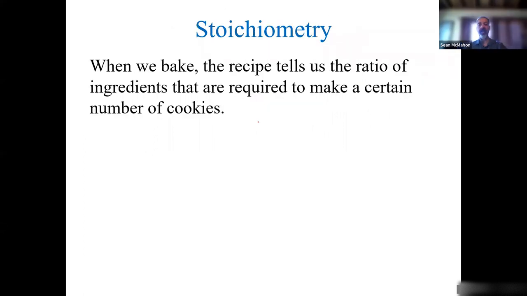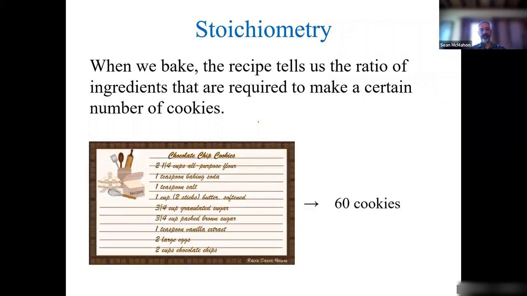So why are we calculating molar masses and mole ratios? Well, the reason why we balance chemical equations is that the coefficients in balanced equations are actually mole ratios. A chemical reaction, in a way, you can think of as following a recipe.